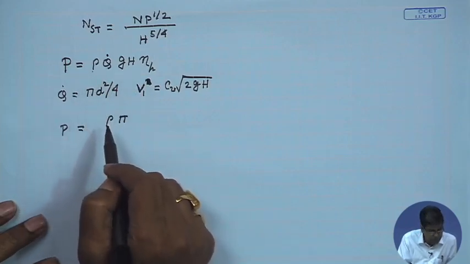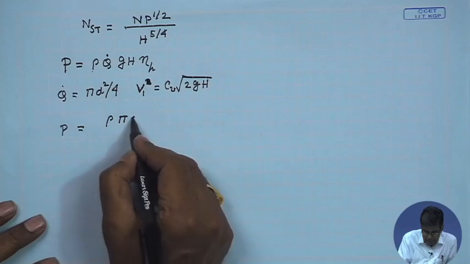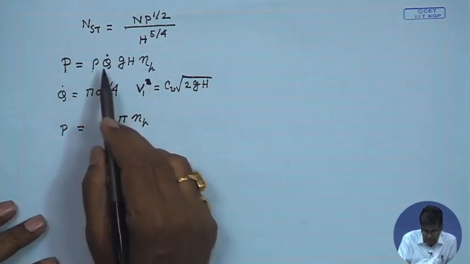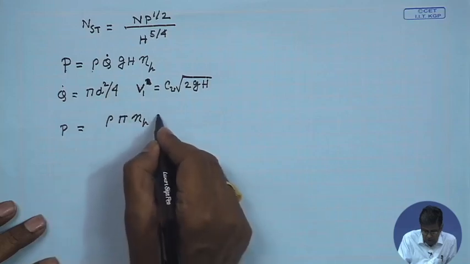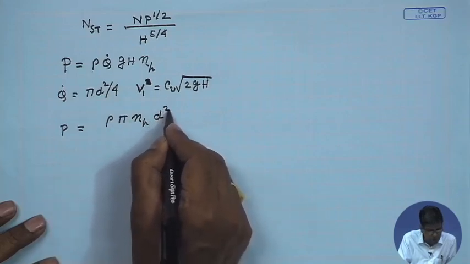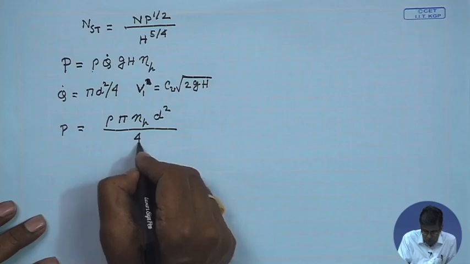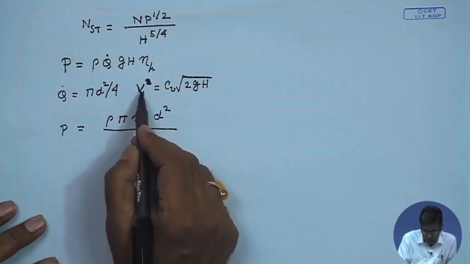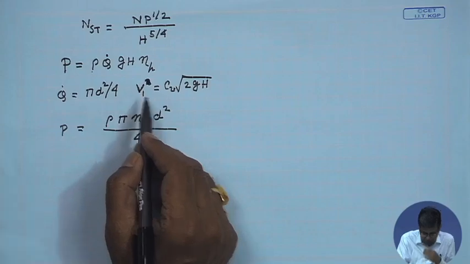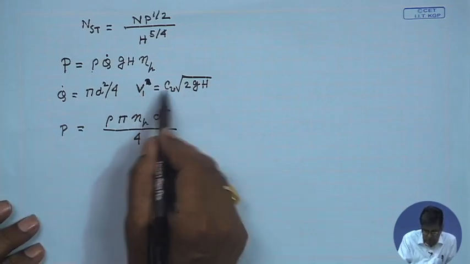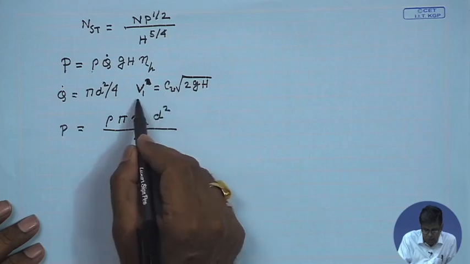Now, we take eta H here, take these things together, pi d square by 4 into V1, and again GH is V1 square by 2 CV square.